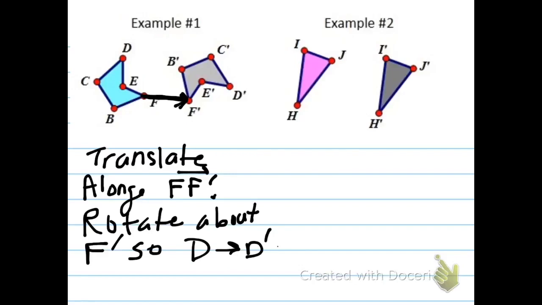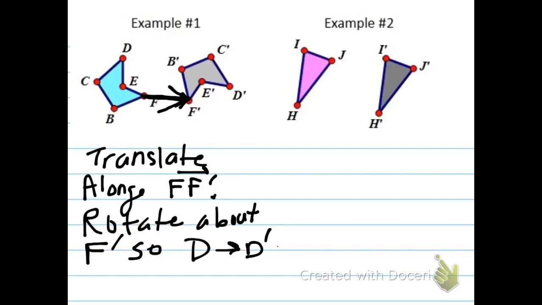But imagine for the moment that after the translation you'd have something that looks kind of like this, although I'm not a very good tablet artist. The f's match, but everything else is crooked, and then rotating it so that it clicks on and all the points match up. So a series of steps there, a translation and then a rotation, maps one figure onto the other, and that shows you that these two shapes are congruent because everything matches up.